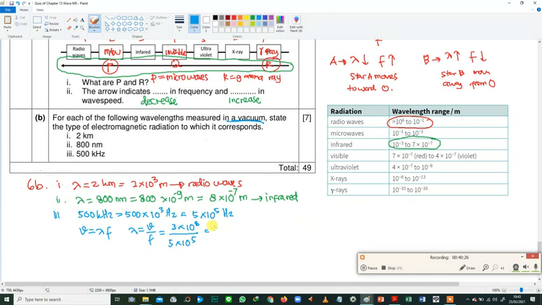It's 0.6 times 10 to the power of 3, or 6 times 10 to the power of 2 meter. So 10 to the power of 2, what is it? It is the same as before. It's in here, radio wave. So you can write in here, the third wavelength is radio wave. Okay, that is everything.